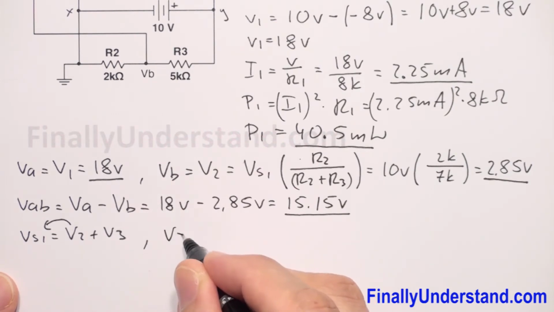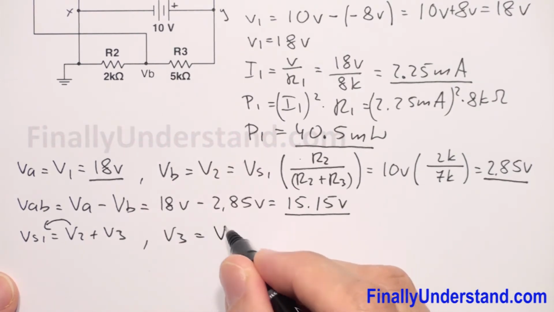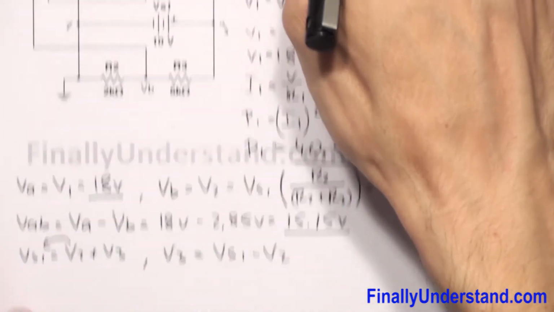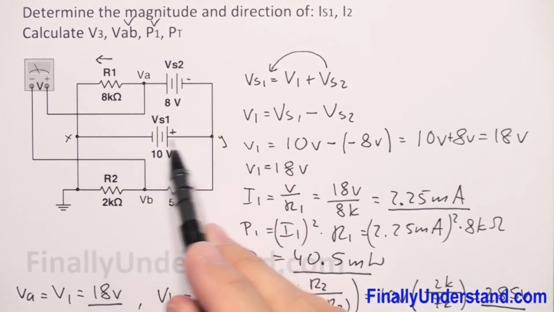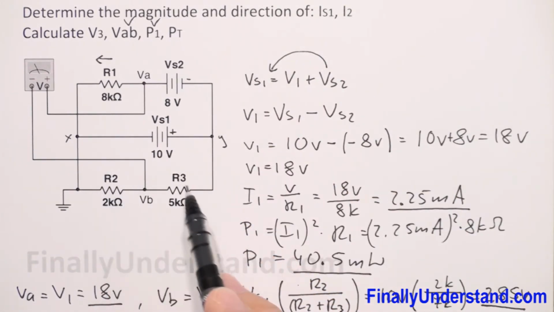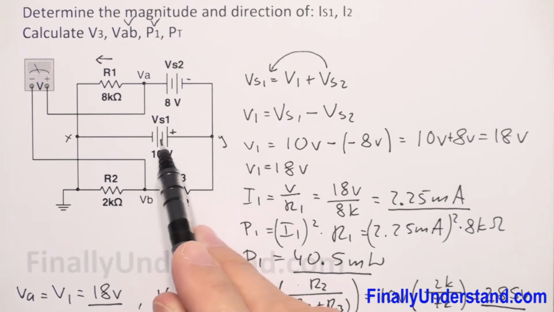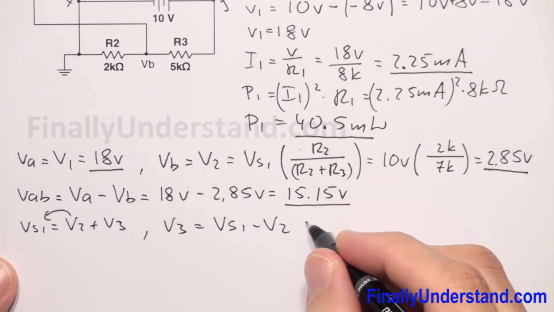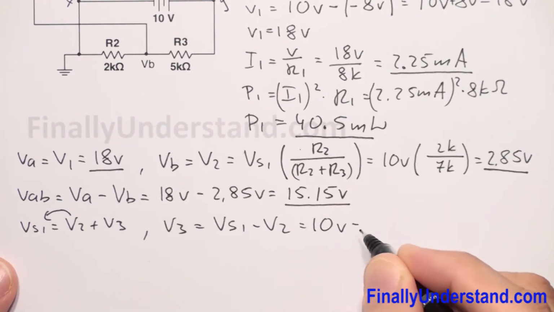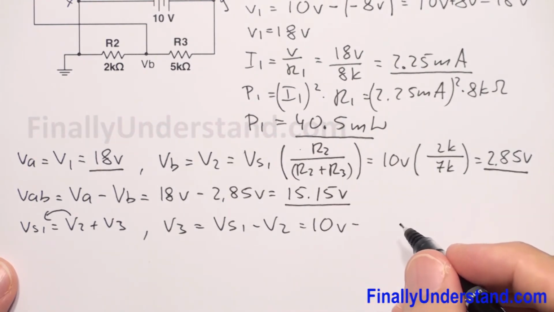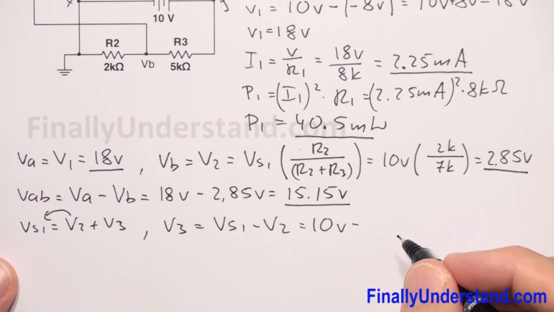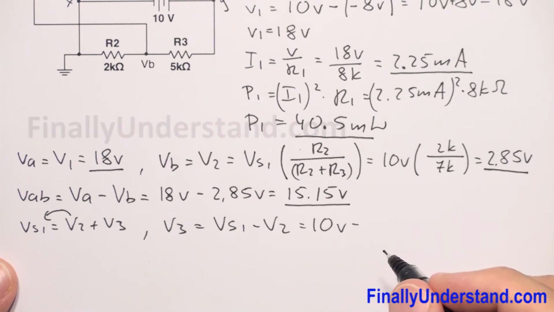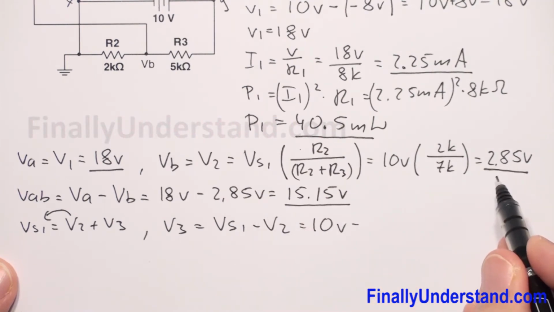So V3 equals voltage source 1 minus V2. Okay, voltage source 1 minus V2 will give me V3. This voltage plus this voltage is equal to this voltage. So I have voltage source 1 is equal 10 volts minus V2, and we found that V2 is equal VB, and this is 2.85 volts.